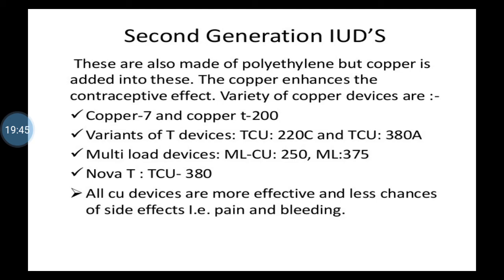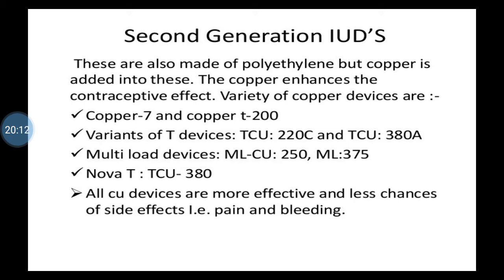Second generation IUDs are also made up of polyethylene, but copper is added. Copper enhances the contraceptive effect. So slowly, the copper that is there is released over a period of say 3 to 5 years. The contraceptive effect of this Copper T is only because of copper.